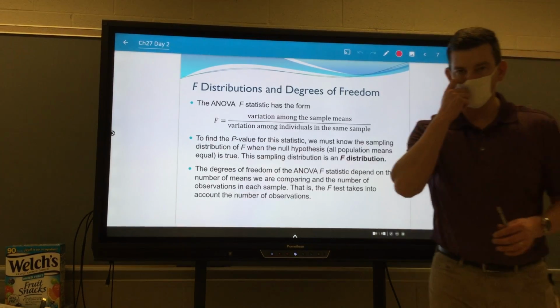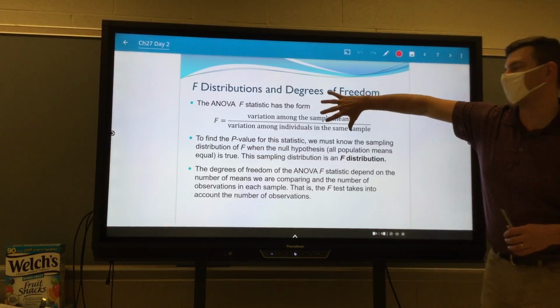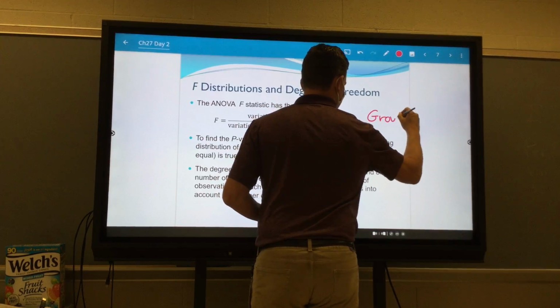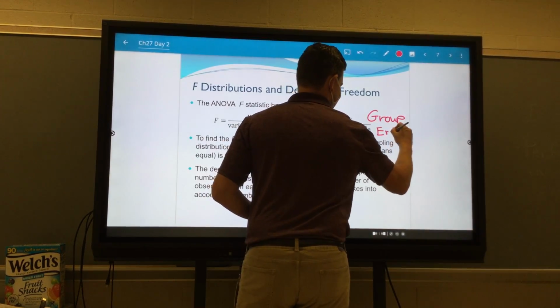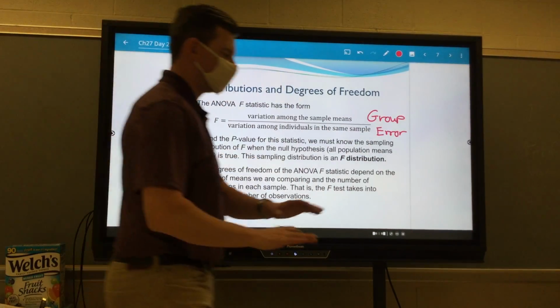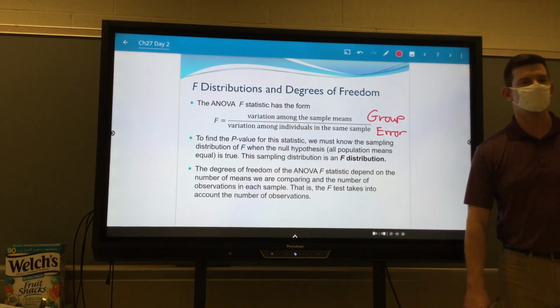The rest of what we're talking about today is based off of our top and our bottom, our numerator and our denominator. We'll be referring to this as our group and our error. And when we talk error, it's not a mistake or anything like that. It's just the label that's been used for years.